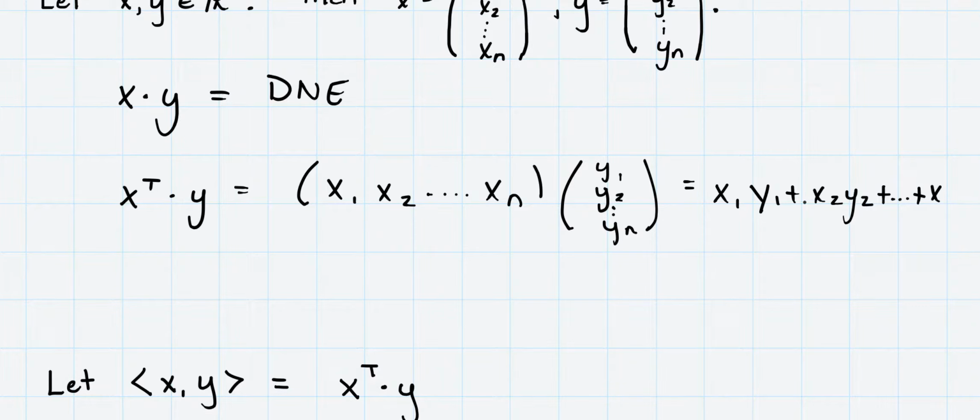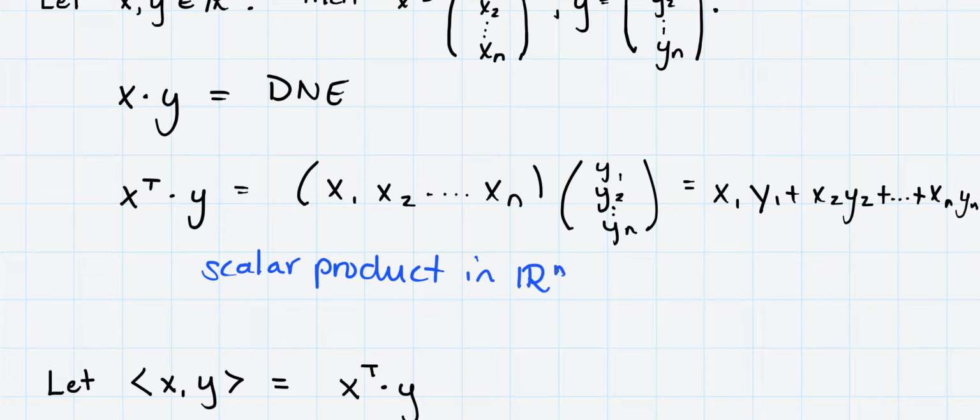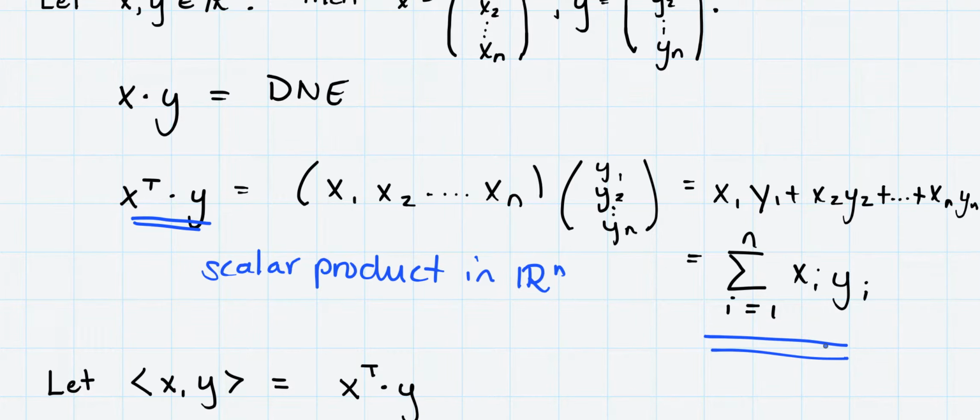And this is just the dot product, or you can call it, which the book calls it, the scalar product in Rn. And we could also abbreviate this as the sum from i equals 1 to n of xi yi. So this is the scalar product in Rn.